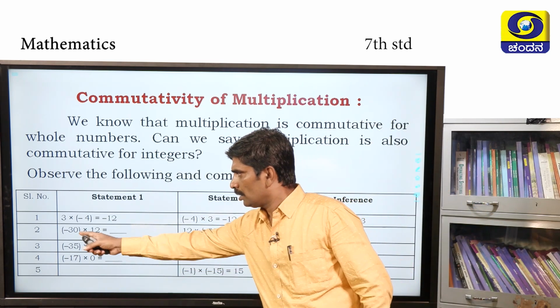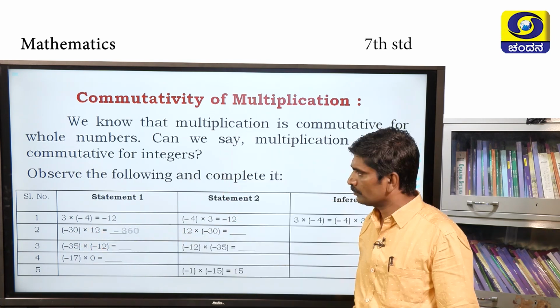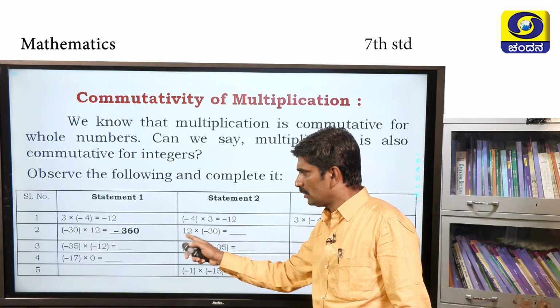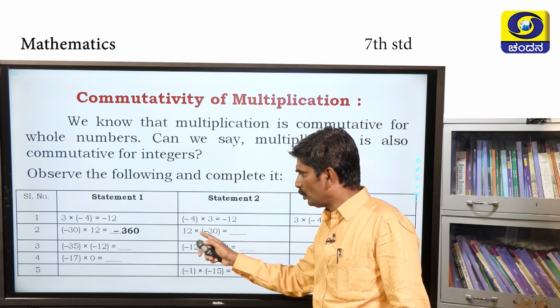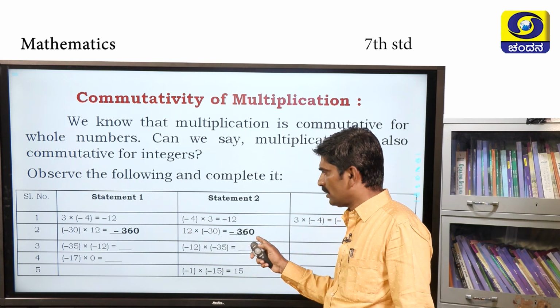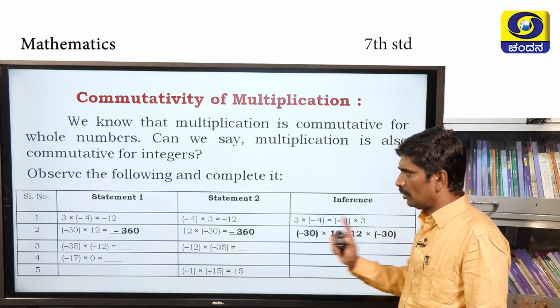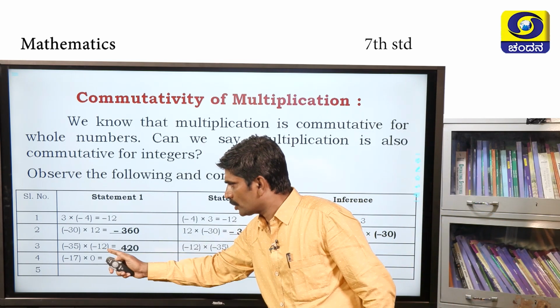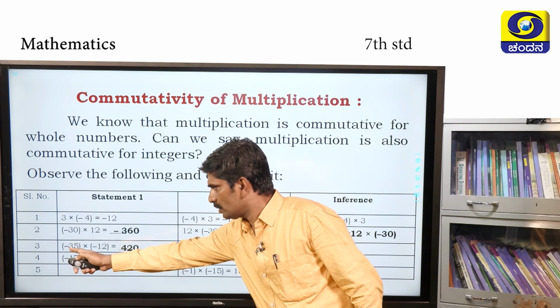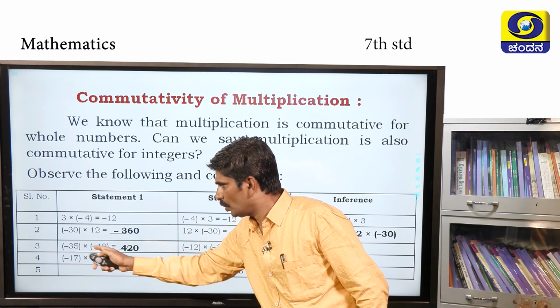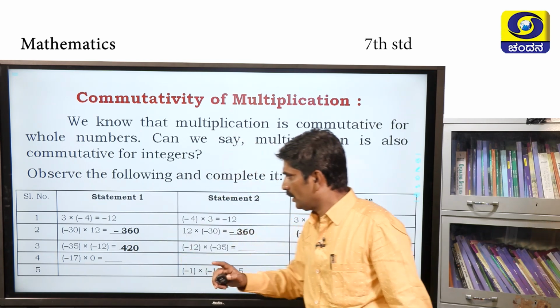Check here. Minus 30 into 12 is minus 360. Interchange: 12 into minus 30 is also minus 360. These two statements are equal. Next, minus 12 into minus 35, minus into minus is plus, 12 into 35 means 420.